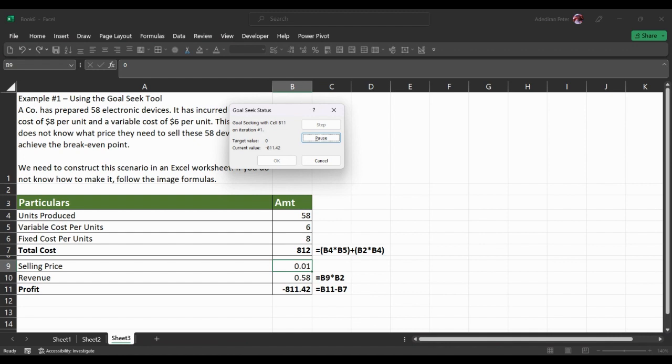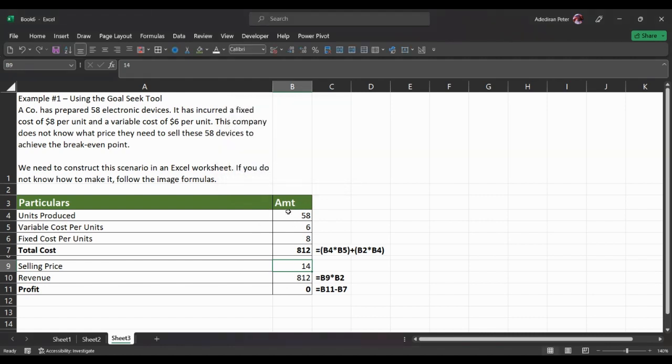It's running. Yeah. So the selling price is going to be $14. At the end of our goal seeking, we arrive at $14. So we are going to sell our product at $14.